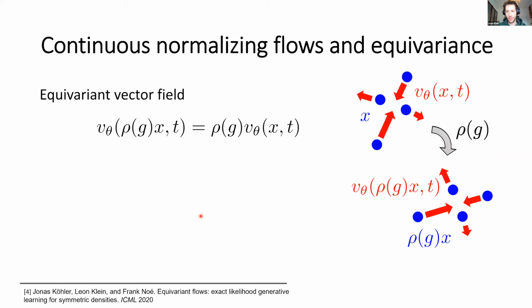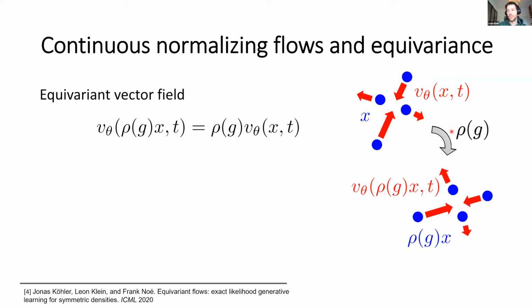And so how we design this vector field is to use an equivariant function for that. What this means in practice, here's the equation for an equivariant function. Consider, for example, a configuration X with this vector field acting on it. This could, for example, also be a force. And then we do some symmetry operation, for example, a rotation.